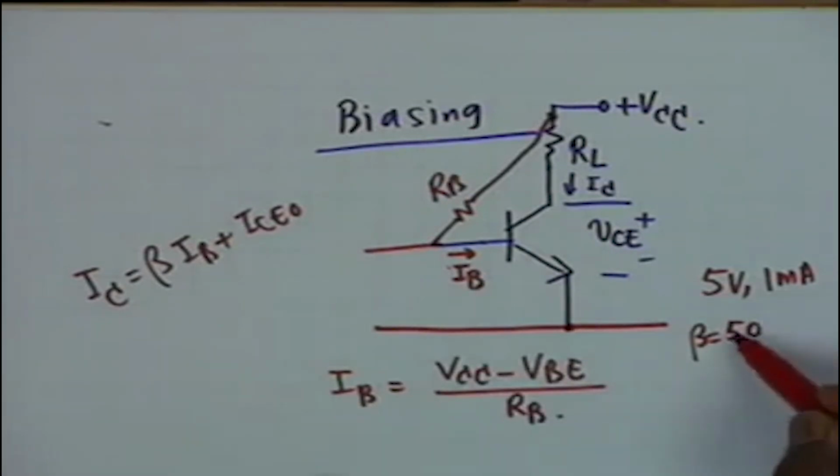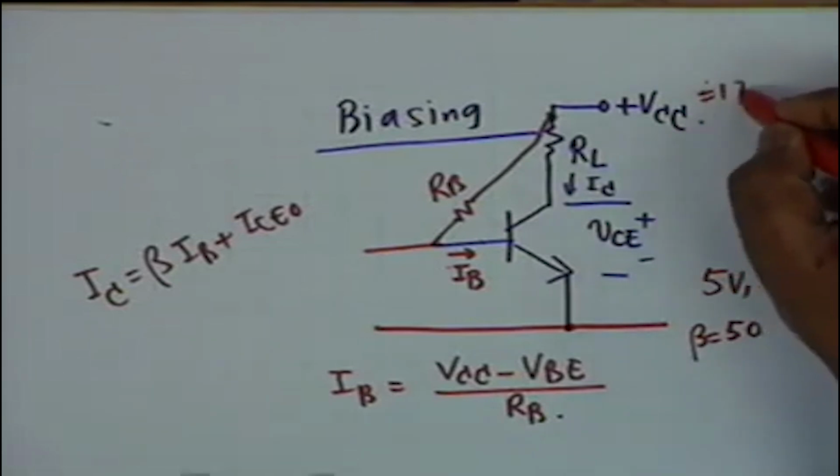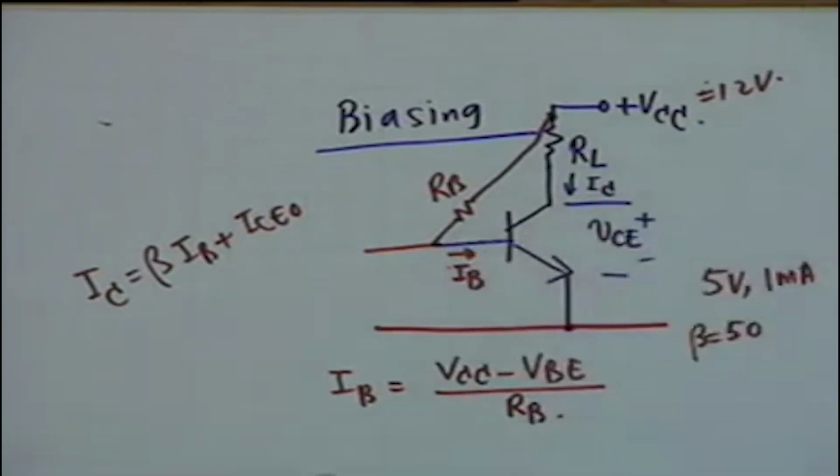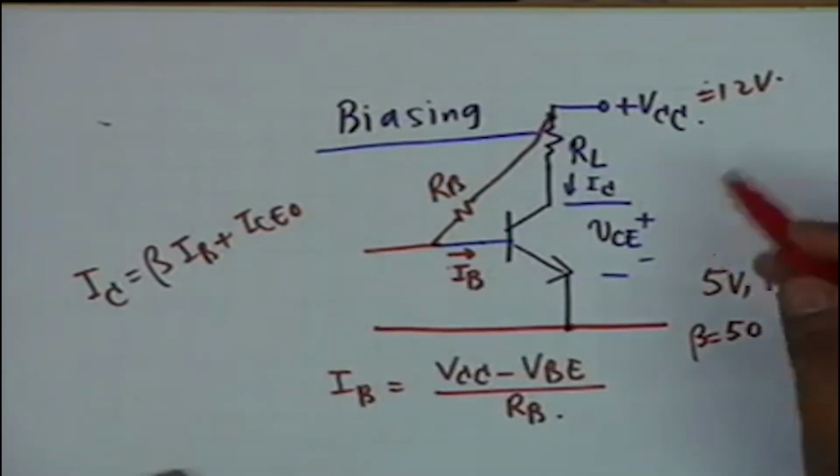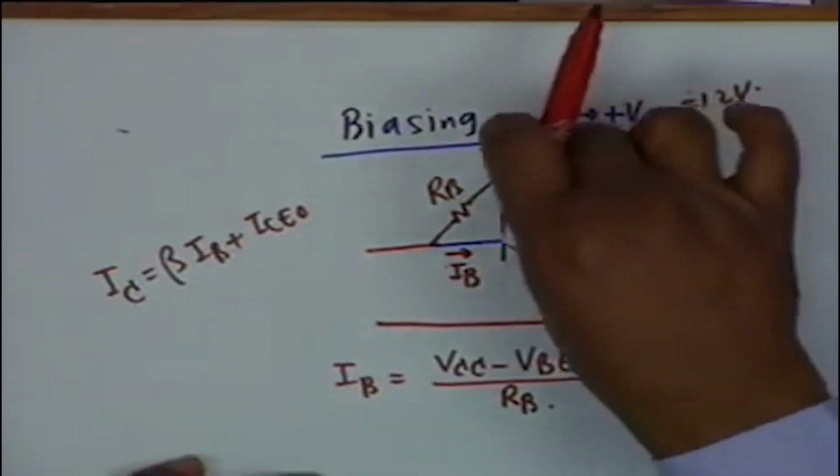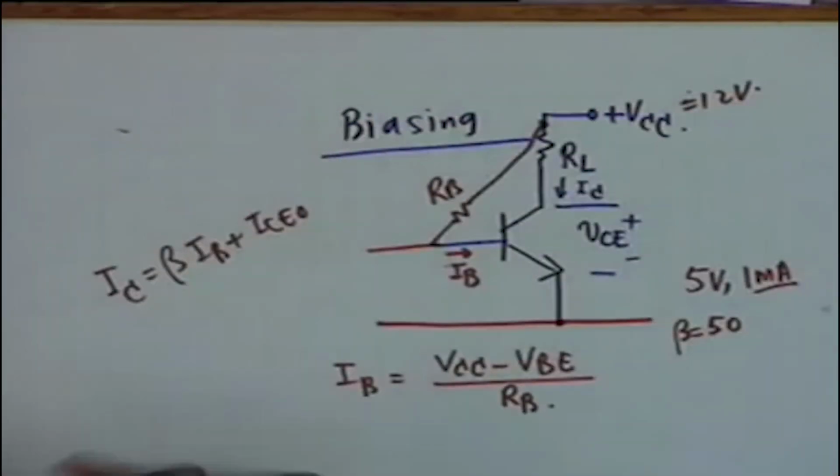IB will be 1 milliampere divided by 50, 0.02 milliampere. And if VCC is 12 volt, then 12 minus 0.7 divided by the resistance will determine IB. So you know RB, alright. And then since you know collector current 1 milliampere, you want 5 volt here, so 7 volts should be dropped here. They are very simple calculations, and therefore you know RL.